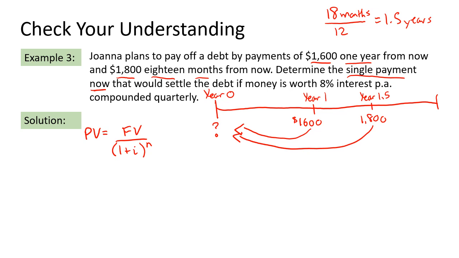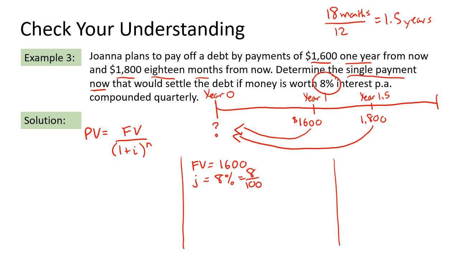So I'm going to start with the $1,600 payment first. All right. So for that one, okay, I can actually show both of these here. So for the first payment, we know that our future value is equal to $1,600. We know that our nominal interest rate is 8%. It's provided in the question. And that's equal to 8 divided by 100, removing the percentage sign, which is equal to 0.08.